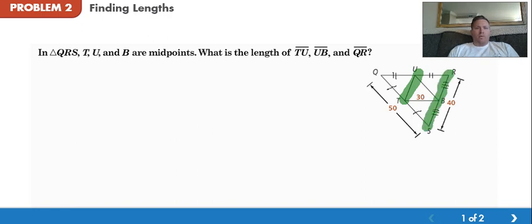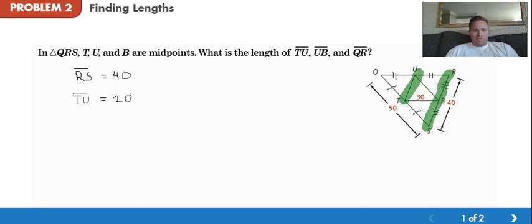We know that segment RS is 40, and we know it's parallel with TU. And remember, they are parallel, but TU is also going to be half the length. So half of 40 would be 20. So we found our first one right there.